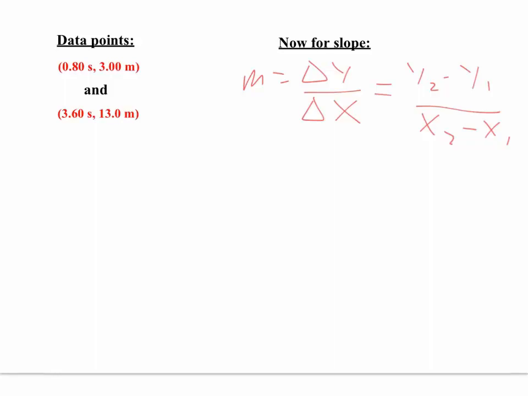On the vertical axis of our graph is distance, which I'm going to abbreviate as d. So when we calculate the slope of this line, I'm taking the change in distance and dividing it by the change in what we have on the horizontal axis, which is time, which I'm going to abbreviate as t.